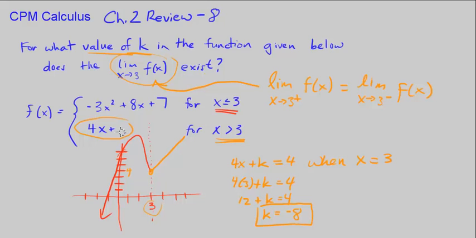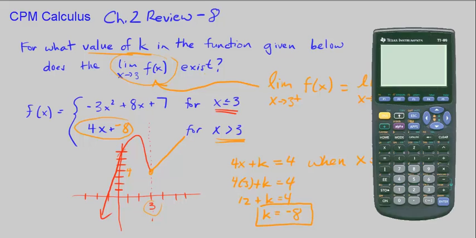So this right here is showing us that if instead we had 4x plus negative 8, then let's go ahead and graph this. Let's add it in our graphing window: 4x plus negative 8. Then we can graph this, and let's find the value when x is equal to 3 again.